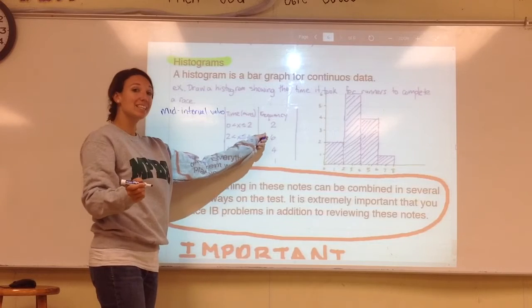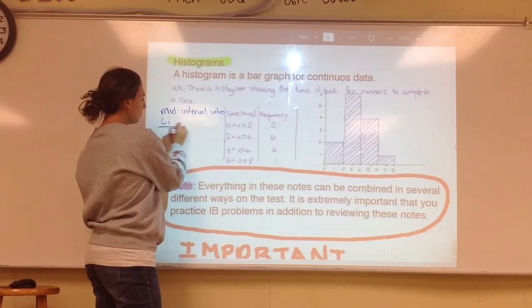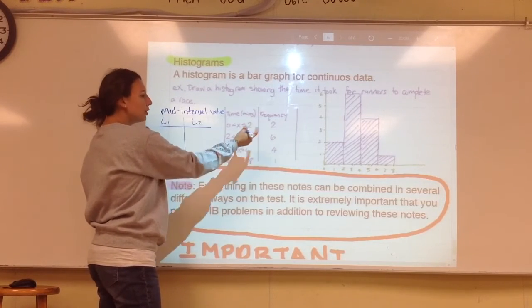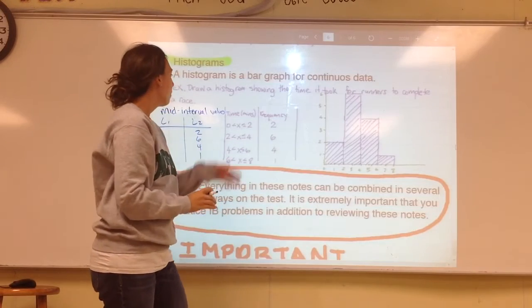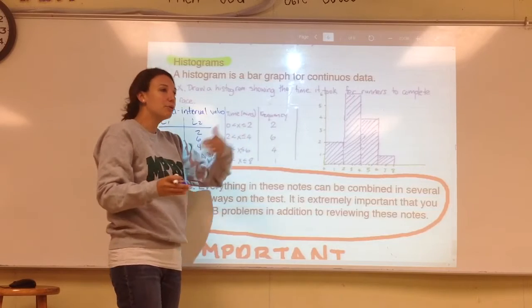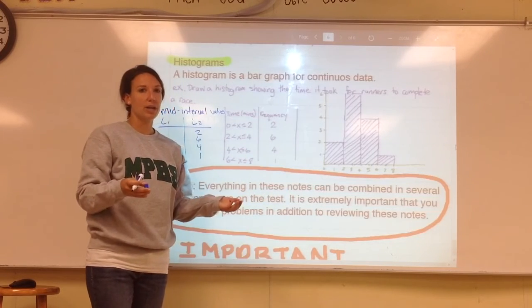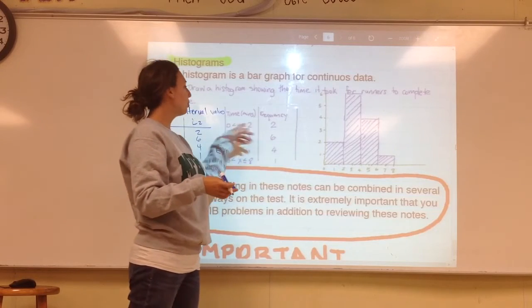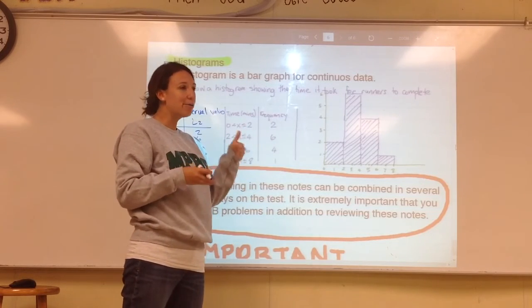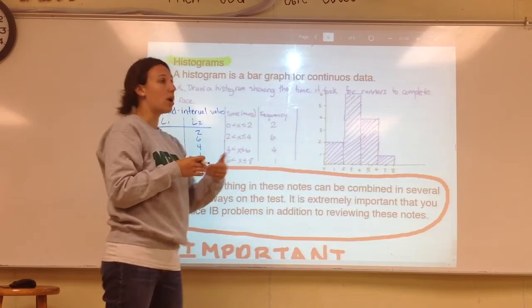Okay, so if I'm putting this in my calculator, my L2 is still going to be my frequency. That's not going to change, okay? But my L1, I can't put 0 to 2 in L1. So I pick the middle value and say, well, if there were 2 people between 0 and 2, hopefully it averages out that they all had about 1, okay?